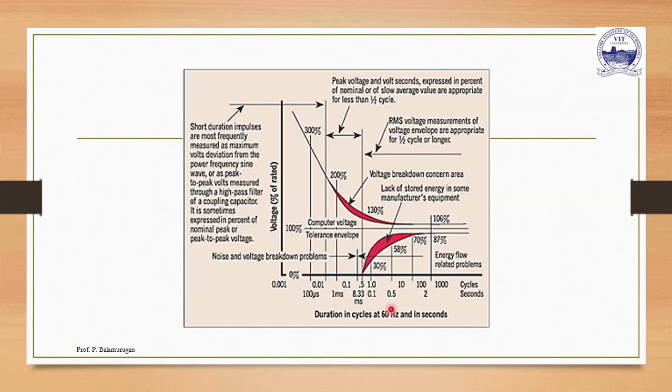If I consider 0.1 second or 0.5 seconds, the system voltage must be less than 110%, which is the allowable tolerance of plus 10%. Similarly, a system can perform well without any deviation or malfunctioning under undervoltage conditions for the specified duration, which is represented by this CBEMA curve.